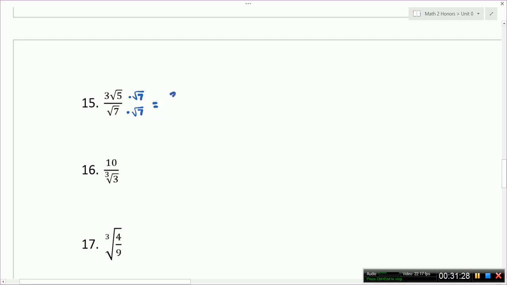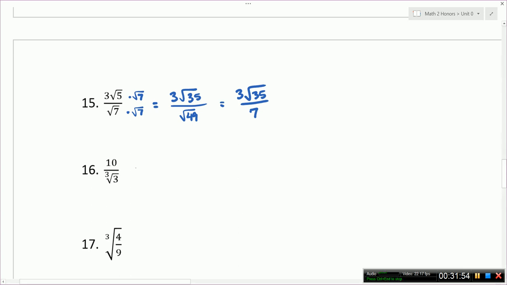And so this gives us 3 square root of 35 over the square root of 49, and we know the square root of 49 is 7. So we are able to rationalize the denominator, make the denominator a rational number. Square root of 7 is not rational, but 7 is.